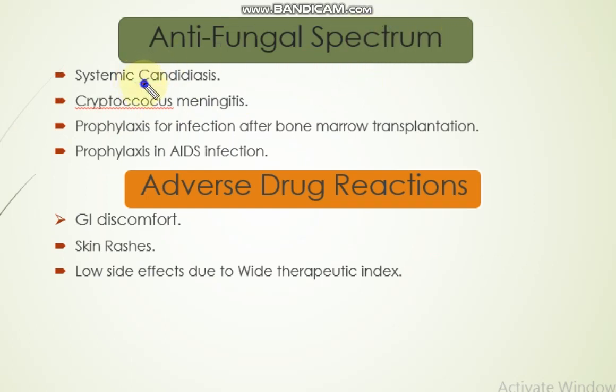It can be used for systemic candidiasis, cryptococcus meningitis, which is infection of the meninges by cryptococcus fungi, prophylaxis for infection after bone marrow transplantation, and prophylaxis of infection in AIDS patients. So this is the antifungal spectrum of fluconazole.